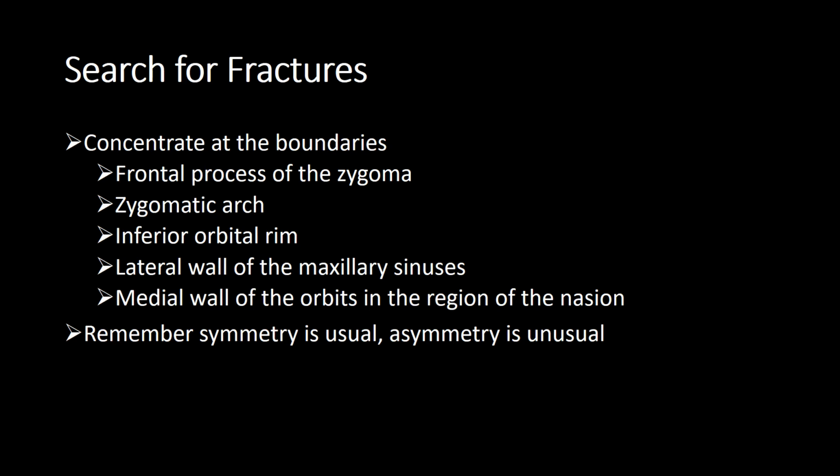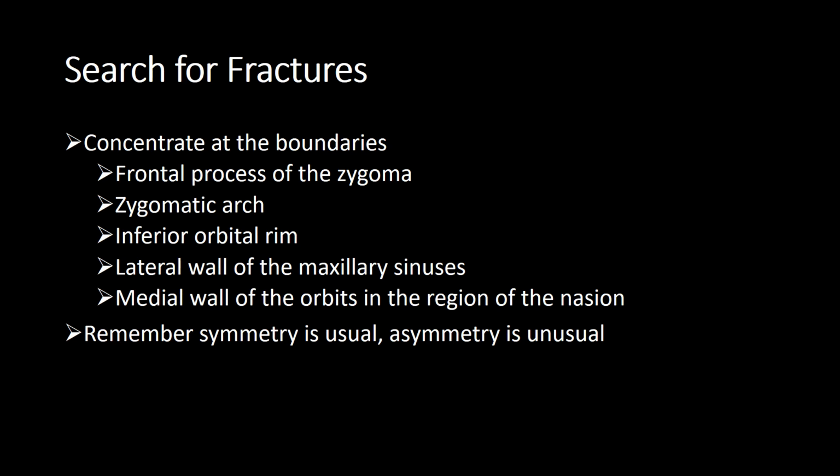So the face has 3 areas of strength: the alveolar process of the maxilla, the frontal process of the maxilla, and the body of the zygoma. So when you search for fractures, concentrate at the boundaries.